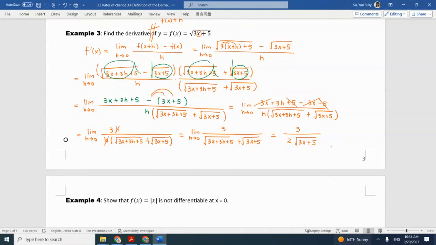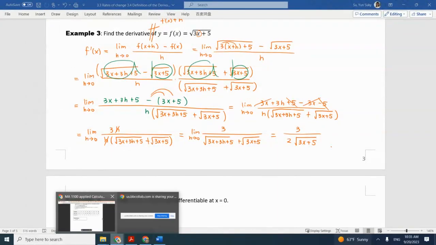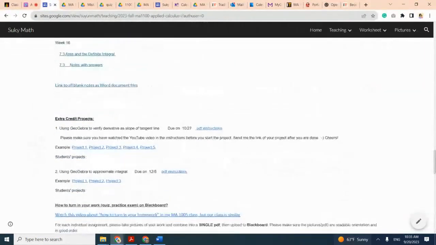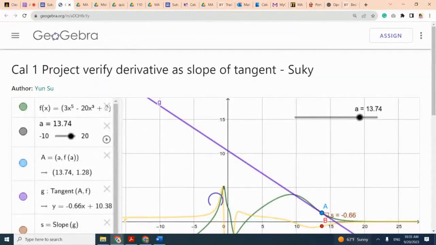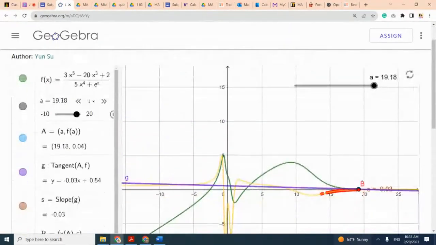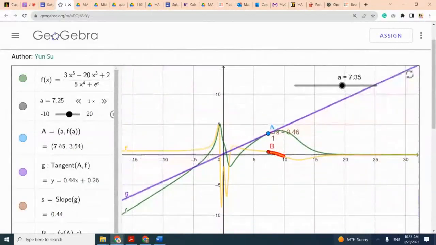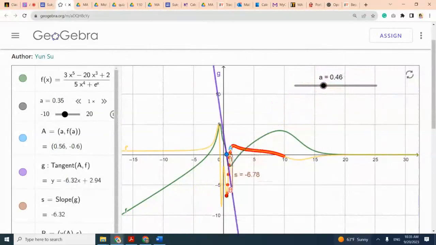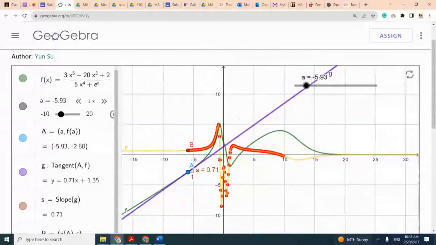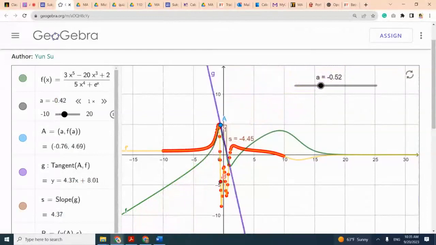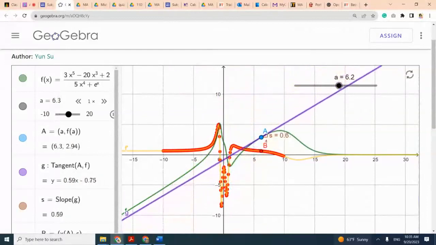Yes, find the slope of the tangent line. I can show you. Let me see. Do I have it here? Okay. So use GeoGebra to verify the derivative as the slope of the tangent line. Look at this picture. The green line is the function. Do you see when the point goes around, you have your tangent line and the slope of the tangent line?